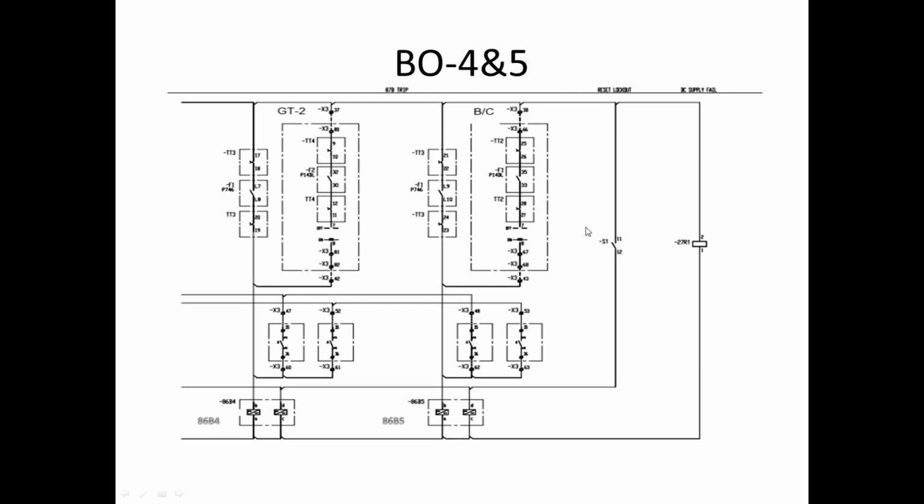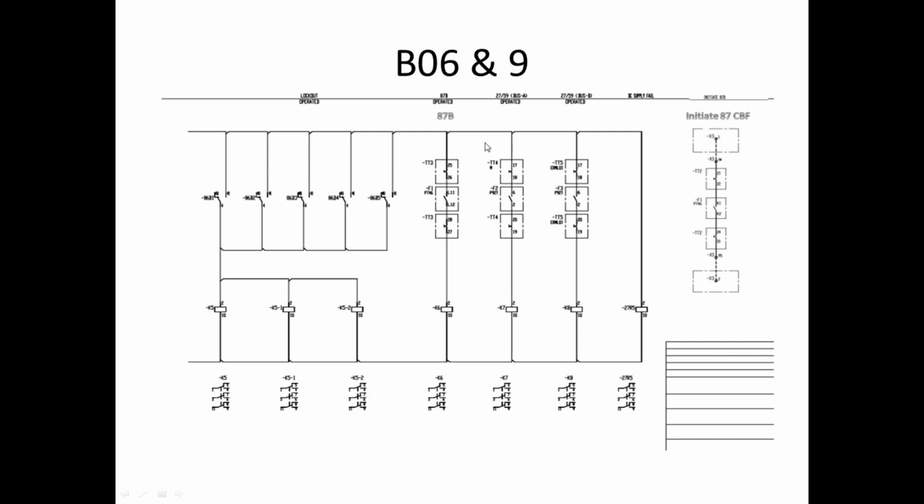And we have two more outputs. The sixth output we are going to use for busbar differential protection general operation, the seventh and eighth are spare, and the ninth one we are going to make the initiation of breaker failure.